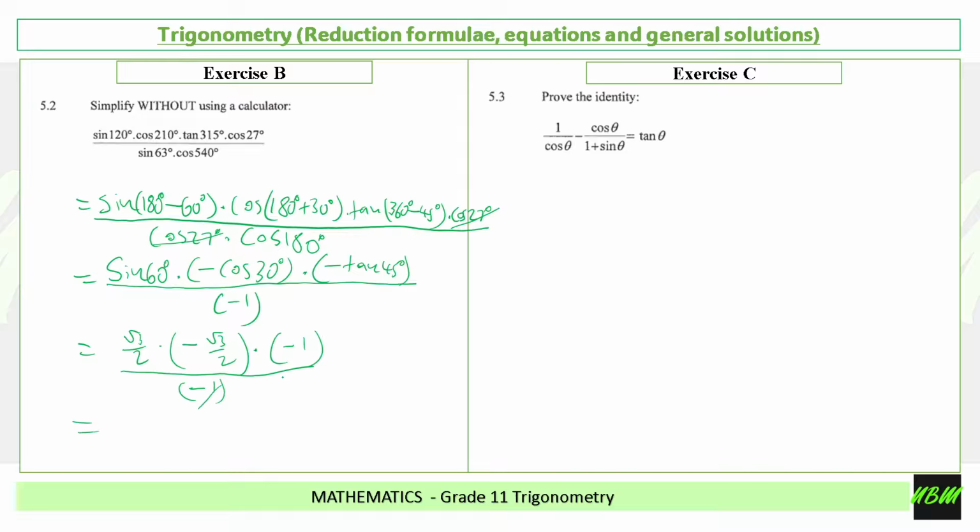Negative 1 cancels negative 1. Root 3 over 2 multiplied by negative root 3 over 2 will be negative 3 over 4.